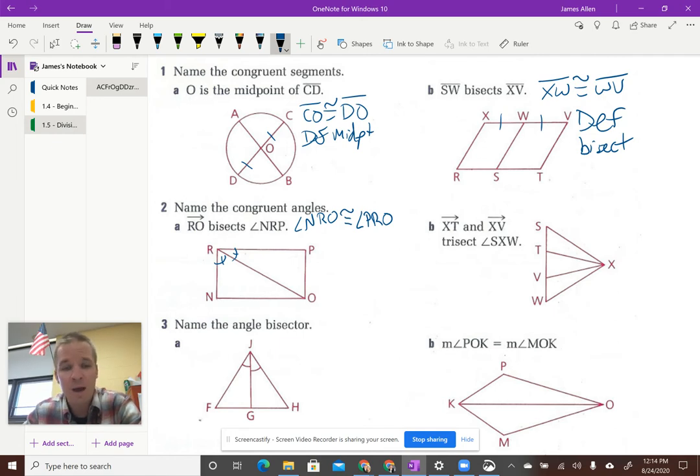All right. Cool. Two congruent angles. Now we've got trisecting happening. I have XT and XV trisecting angle SXW. Well, that's taking this big angle and splitting it into three congruent angles. So that would be this one, and this one. We have three congruent angles.